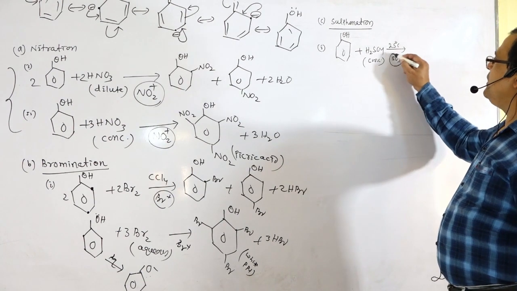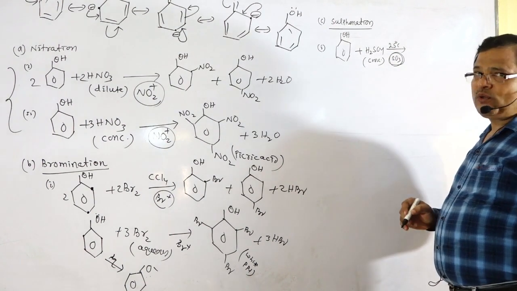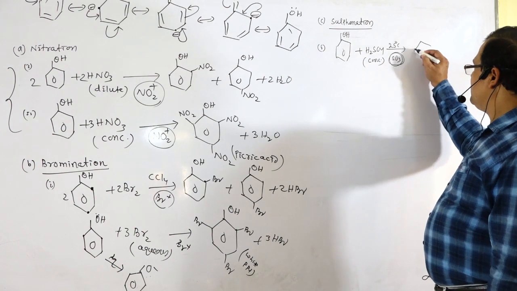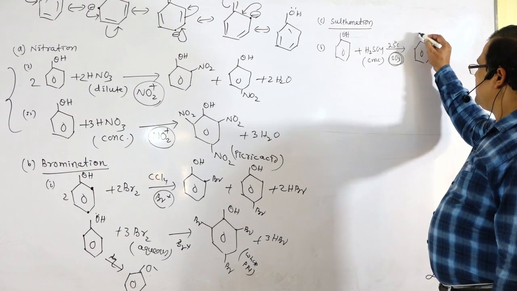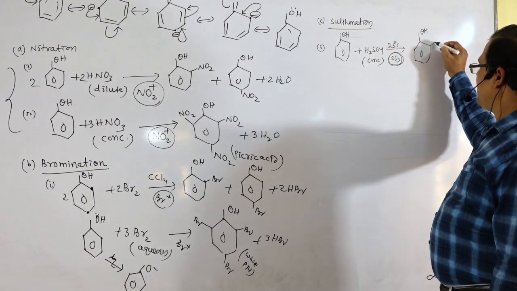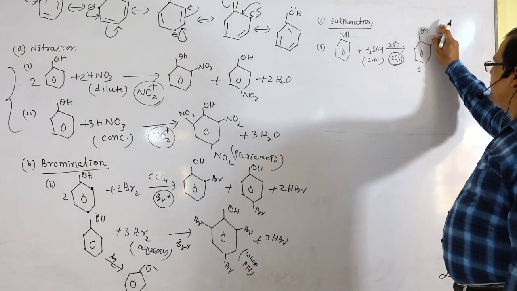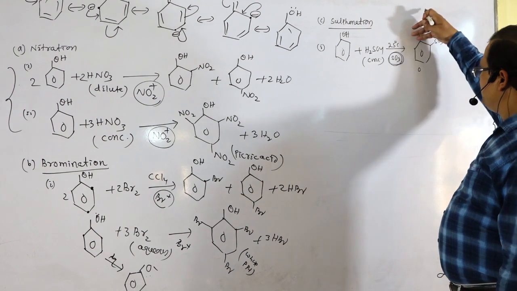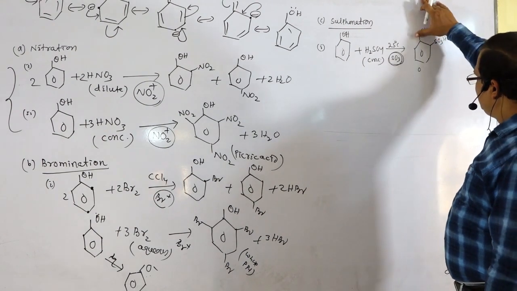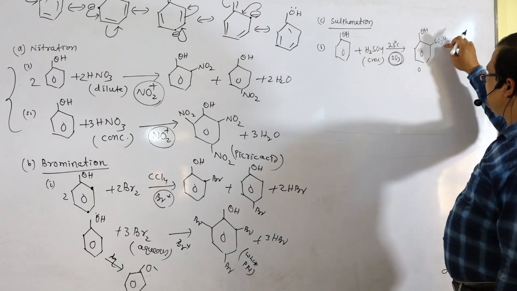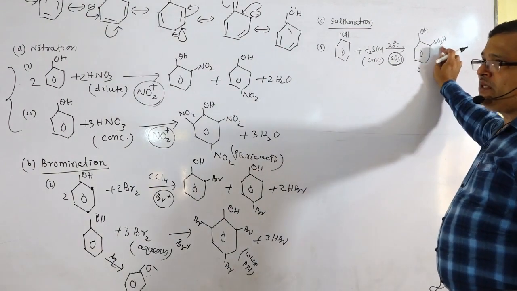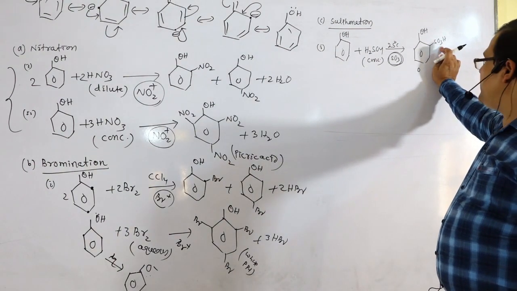The SO3 is a neutral electrophile, and we have OH and SO3H on the ring. This one is phenol, and this one is benzene sulfonic acid. Among these two groups, the senior group is SO3H, so it is named benzene sulfonic acid.